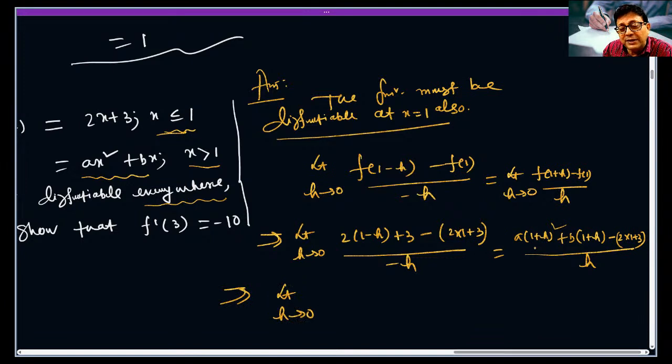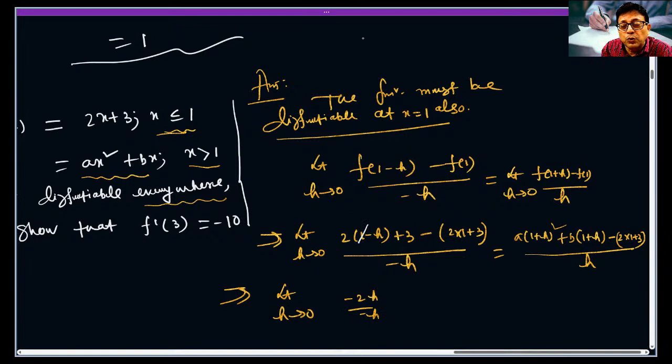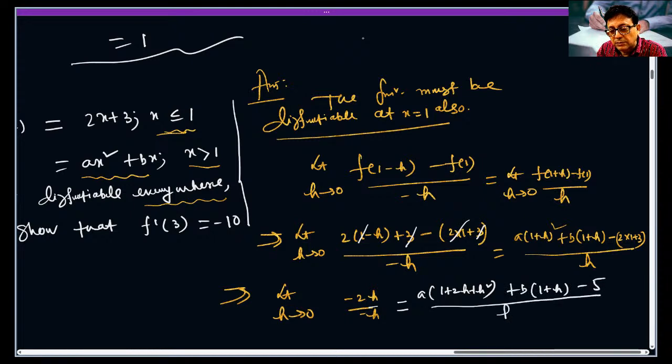So this you simplify, it is going to be 2 minus, this gets cancelled, all these things getting cancelled, 2, 3, 5 and this 5 get cancelled, so just minus 2h by minus h, and this part will be what? This divided by h.